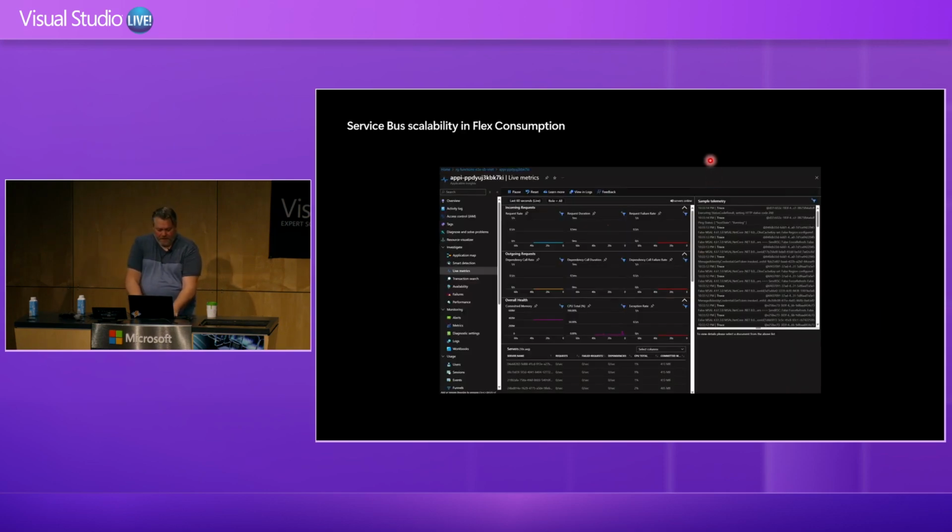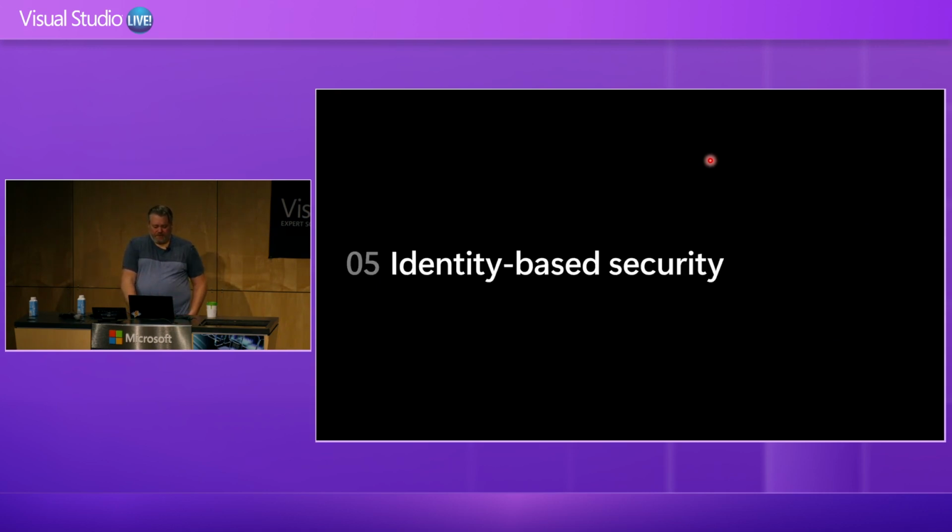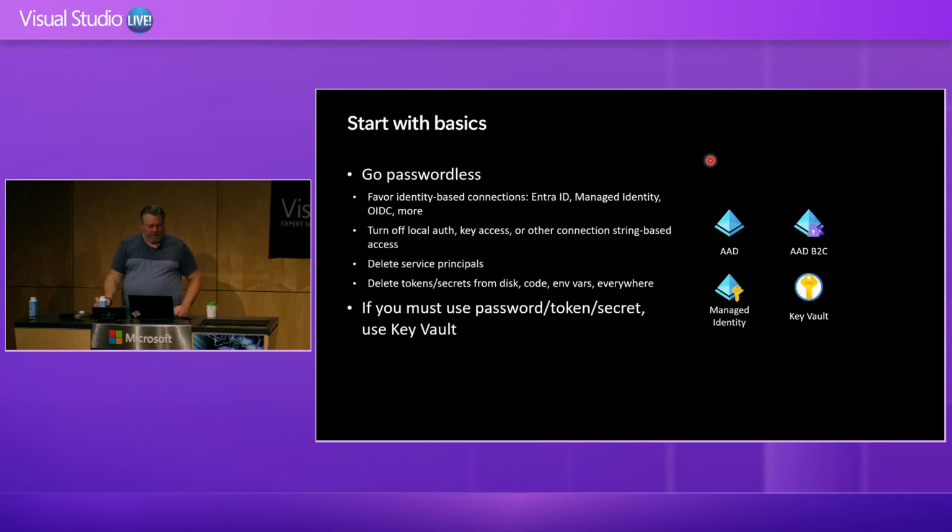All right. So I'll do this demo together with the identity-based one. So we'll go into that now. Moving on to security now for your function apps, right? The first thing is just starting with basics. This should be not just for Azure Functions, but everything on Azure.